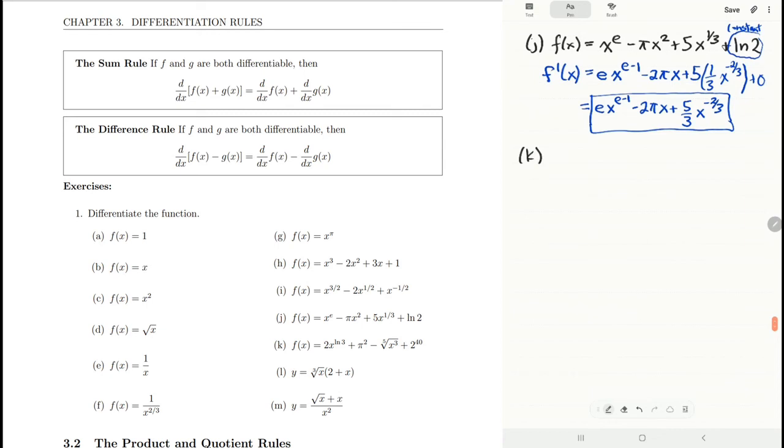In the next example, we have f is 2 times x to the natural log of 3 plus pi squared minus 5 times the root of x cubed plus 2 to the power of 40.